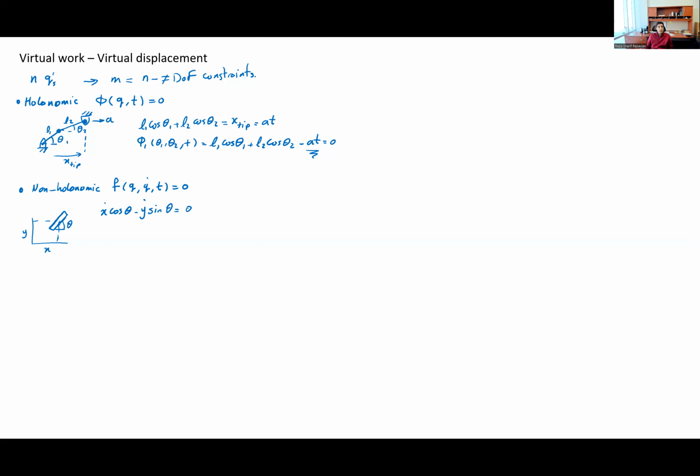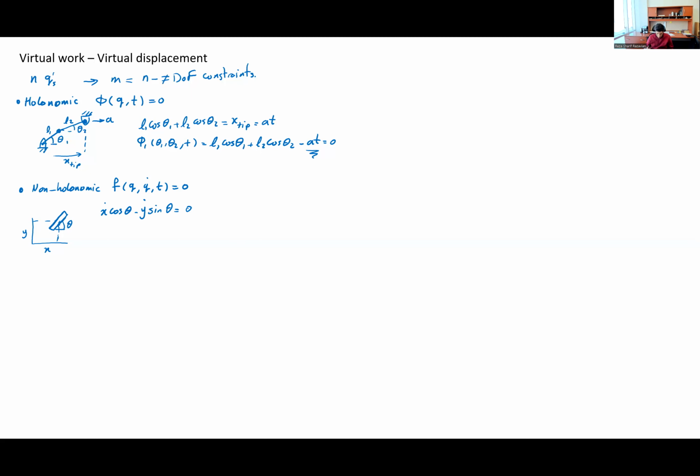So this is the constraint that we don't have any sliding. Essentially, the direction of the velocity is tangent to the angle of the wheel.